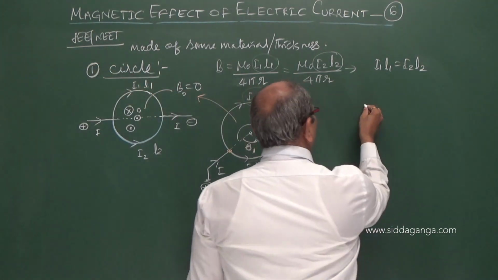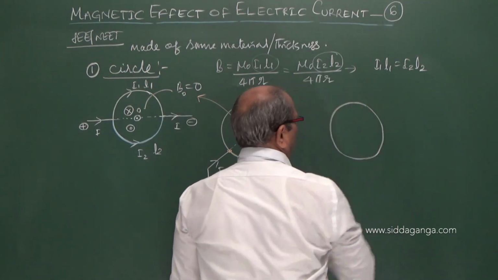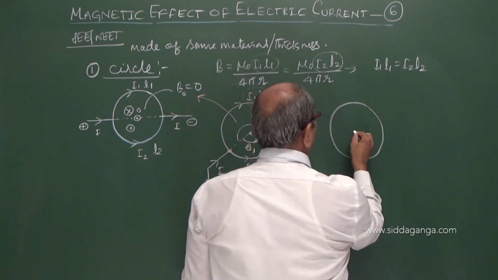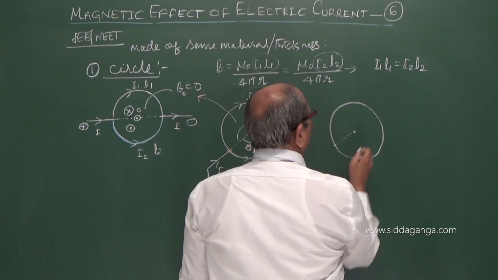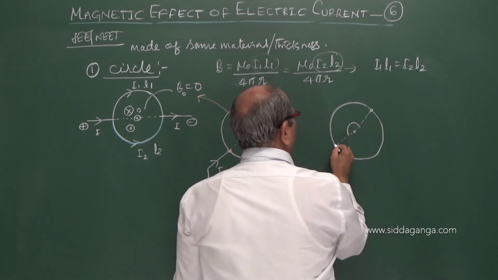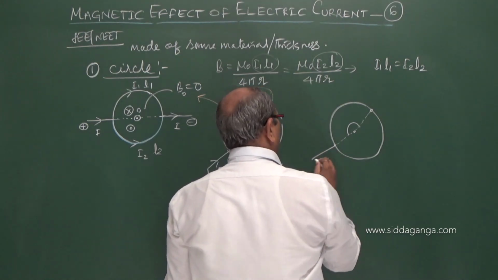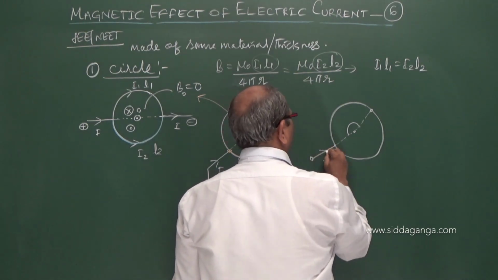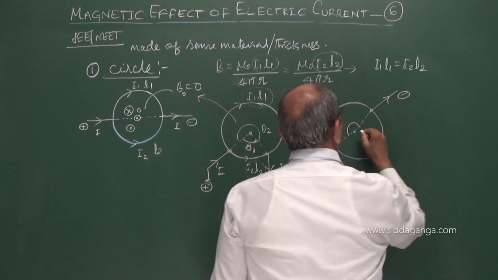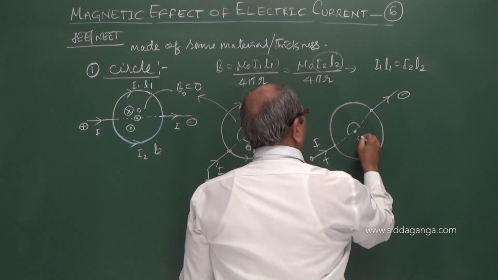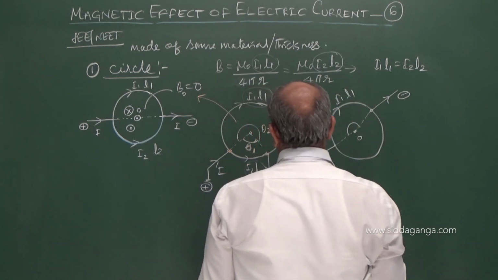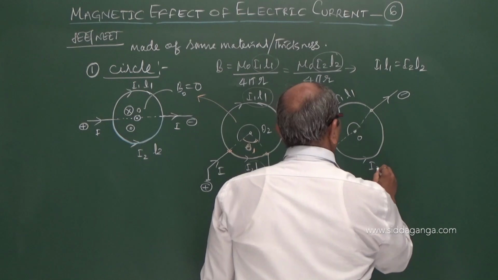So you can take another case of the same relation. Positive and current I going in and current going out. I1 L1 or I2 L2.